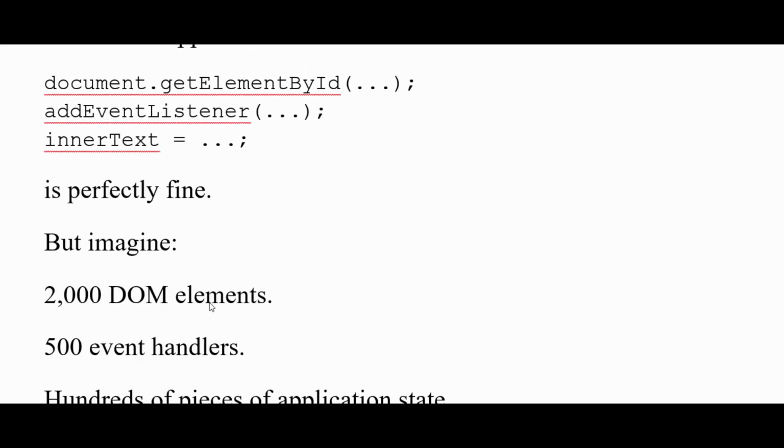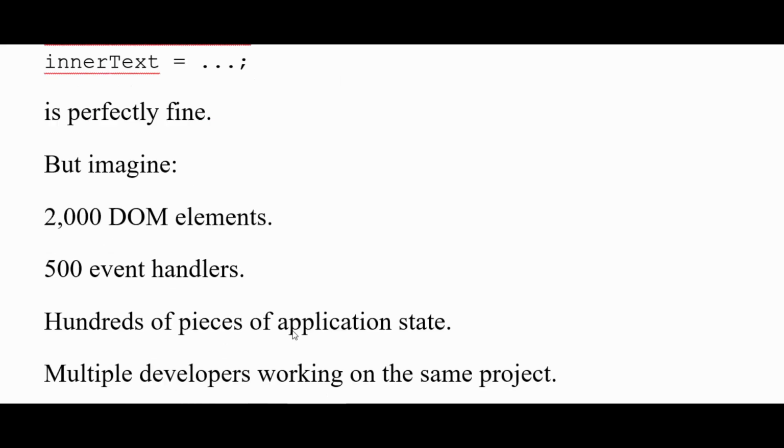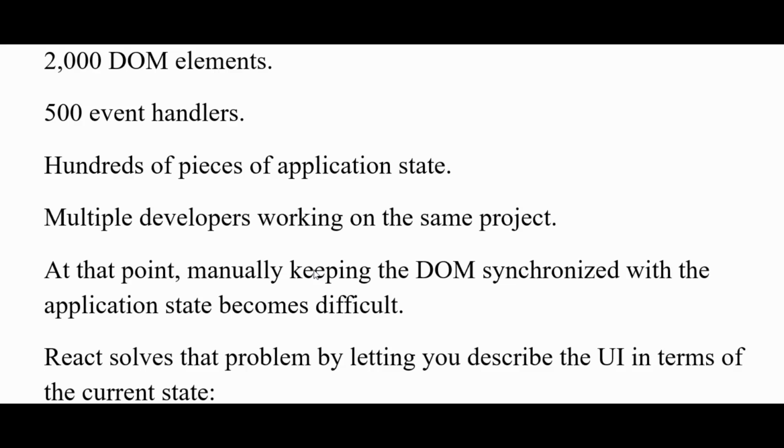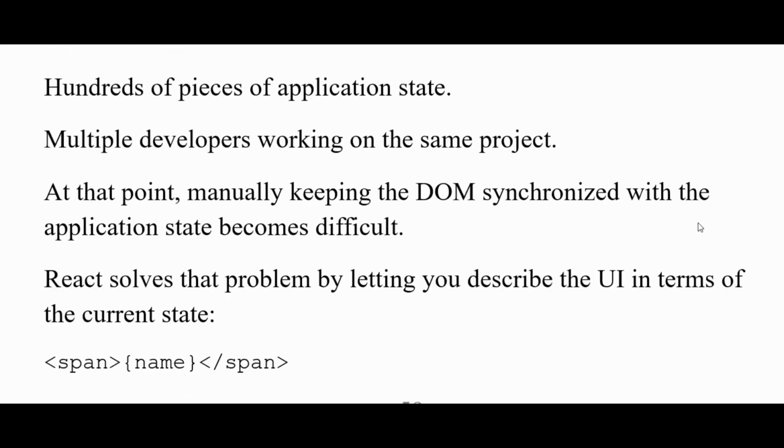But imagine 2000 DOM elements, 500 event handlers, hundreds of pieces of application state, and multiple developers working on the same project. At that point, manually keeping the DOM synchronized with the application state becomes difficult.